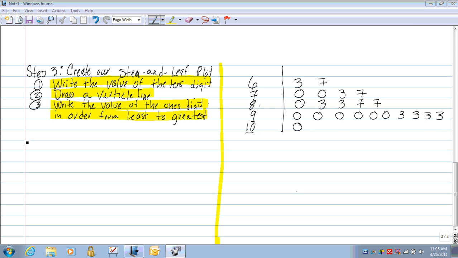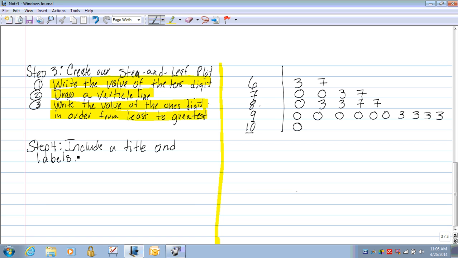The last step is step 4. And step 4 says to include a title and labels. Otherwise, we don't know what our stem and leaf plot is about.